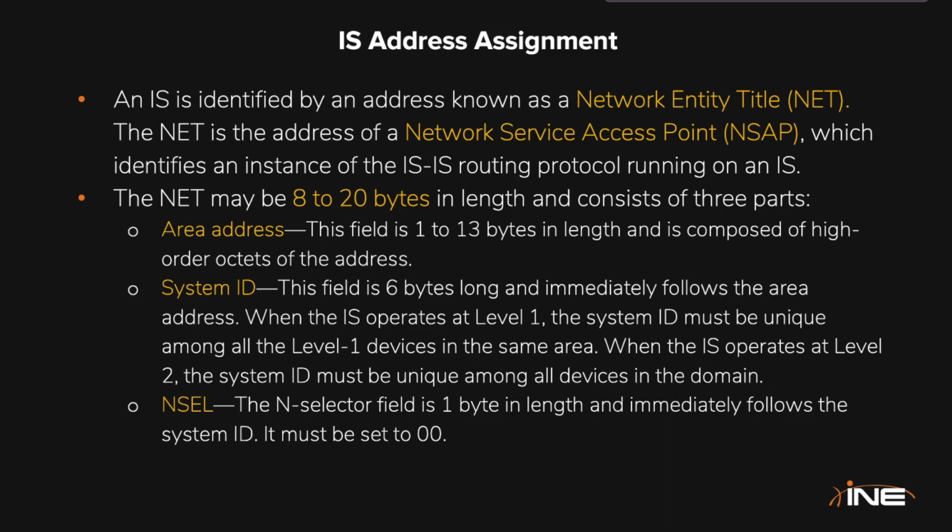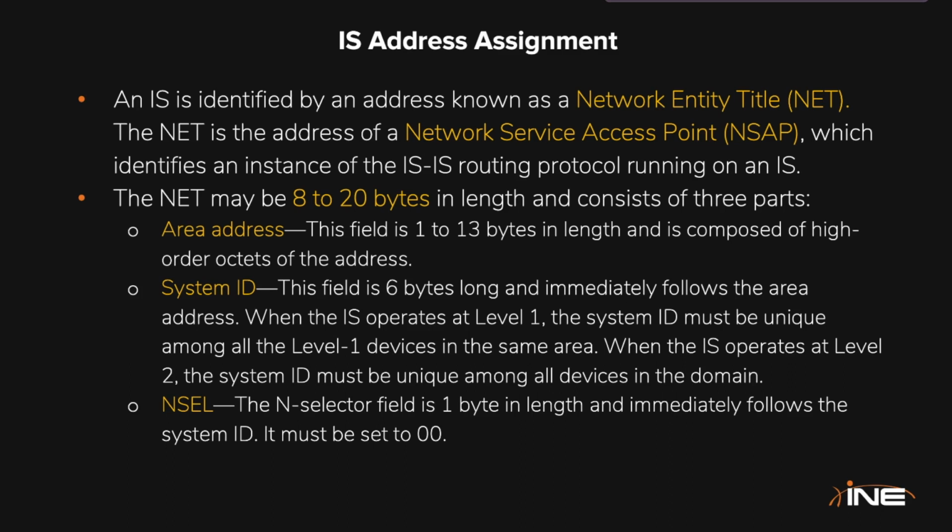So basically, if you look at it, the minimum bytes that a NET address could be is 8 bytes. 7 bytes is fixed because the system ID has to be 6 bytes, and your NSEL has to be 1 byte. So we have 7 bytes done. We only have 1 byte left for area address, or we could have 13 bytes for area address. So maximum of 20.